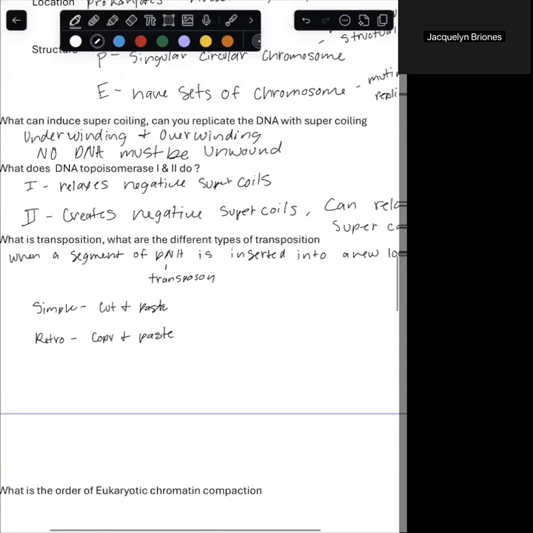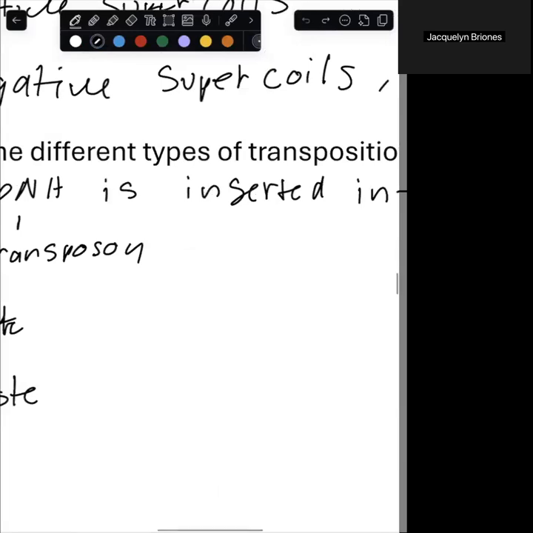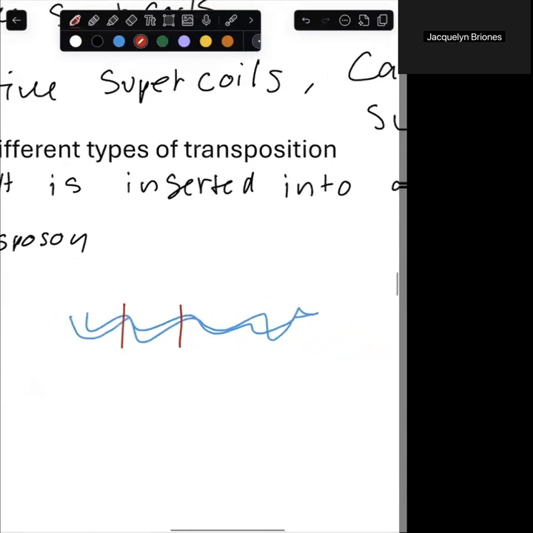So cut and paste, say you have a piece of DNA, right? Just a bad drawing. You cut this part out.